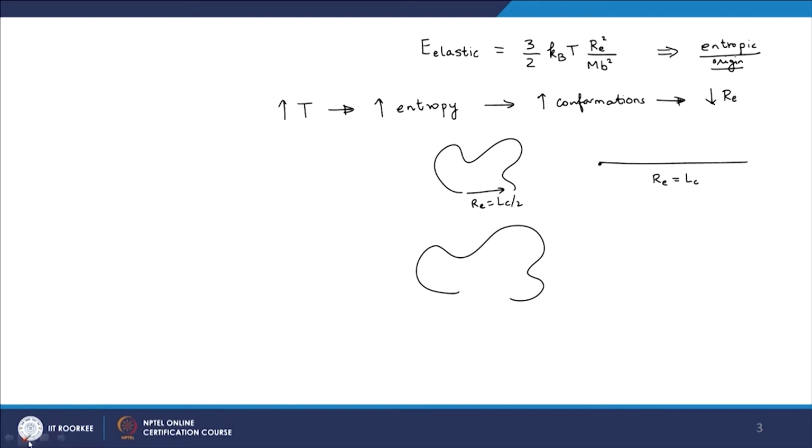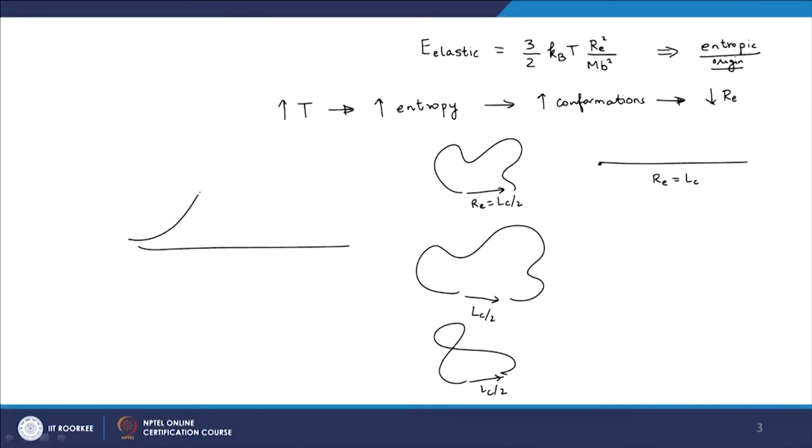This also has the same Lc/2, and this also has the same Lc/2. So if I start thinking of lower values of Re, we can think of more chain conformations. That means we are going to higher entropy.